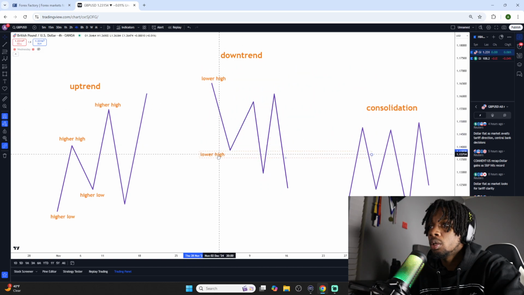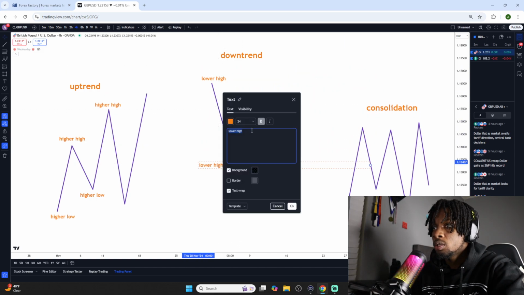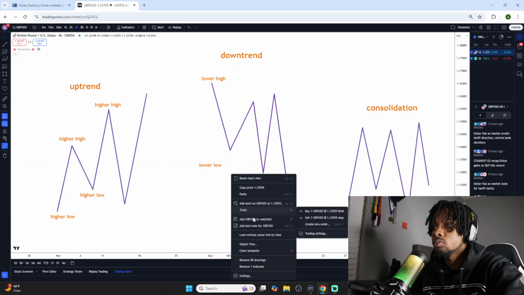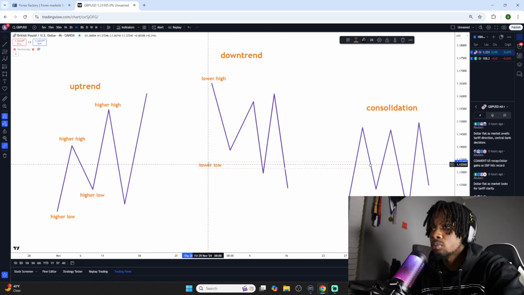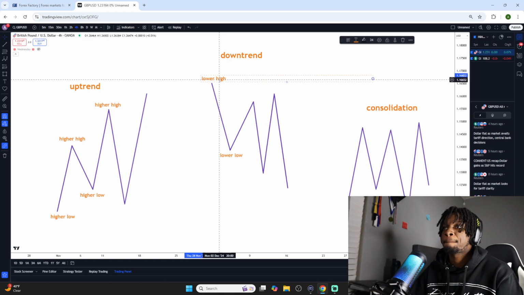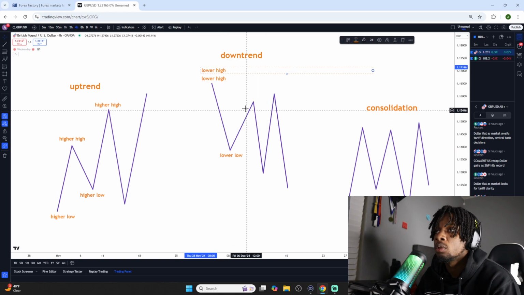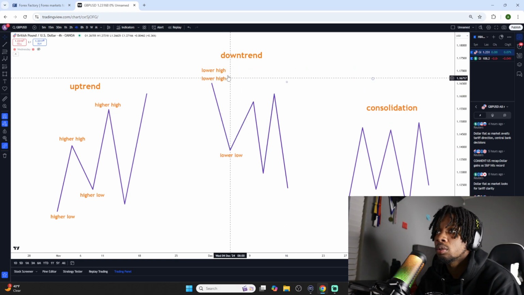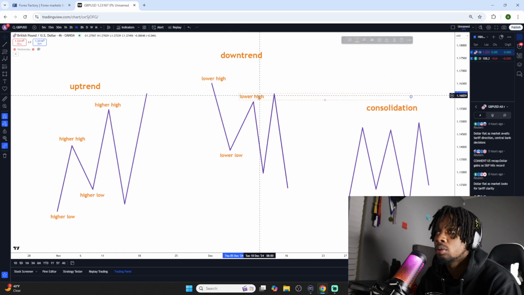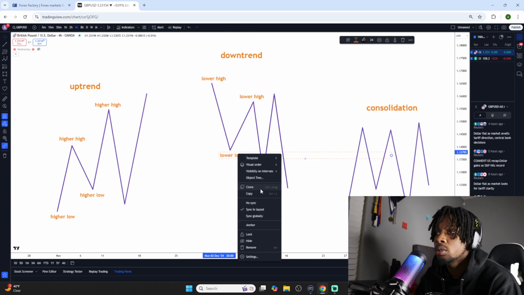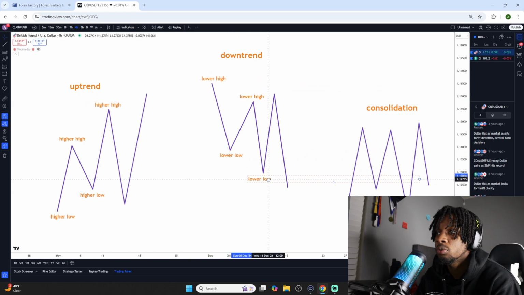Clone that. This is a lower low. This is a lower high. This is a lower low, and so on and so forth.